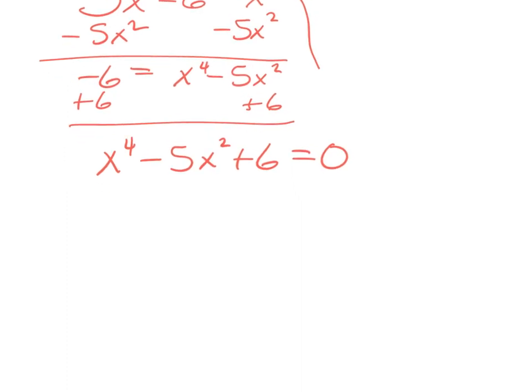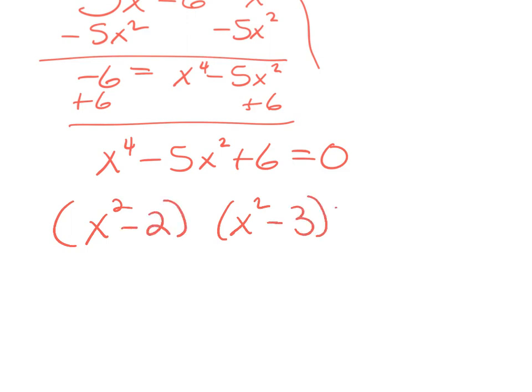So if I factor it as is, my factors of x to the 4th power, I'm going to break it into an x squared and an x squared. My factors of 6, that when I add them give me -5, are going to be -2 and -3.